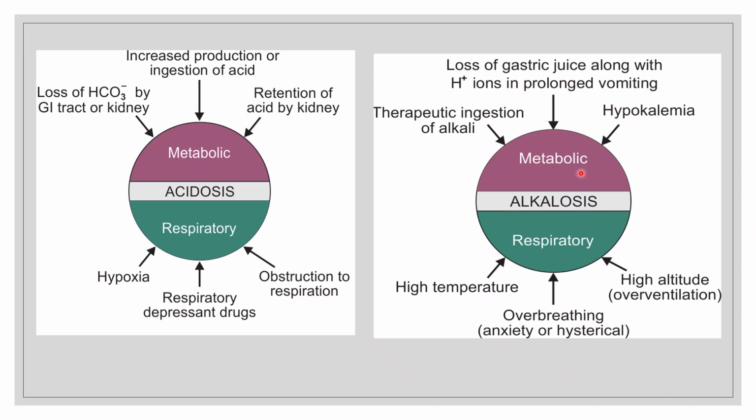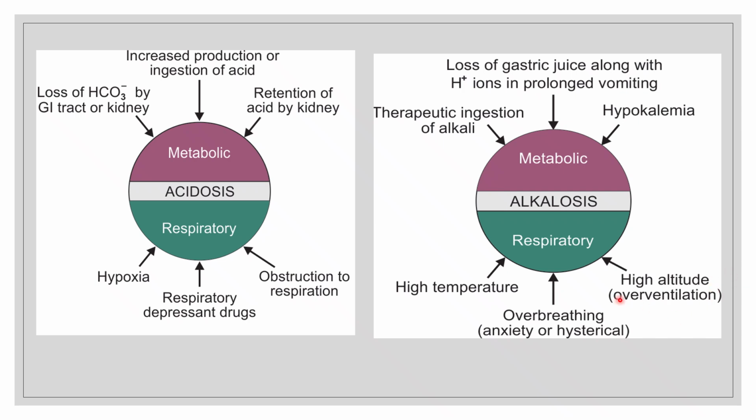Then metabolic alkalosis is due to the therapeutic ingestion of alkalis, loss of gastric juice with H plus ion in prolonged vomiting, then hypokalemia. And for respiratory alkalosis, the reasons can be high temperature, overbreathing like in anxiety or hysteria, then high altitude.